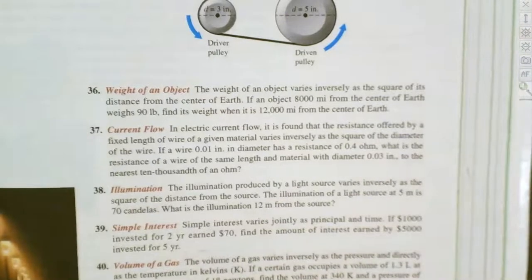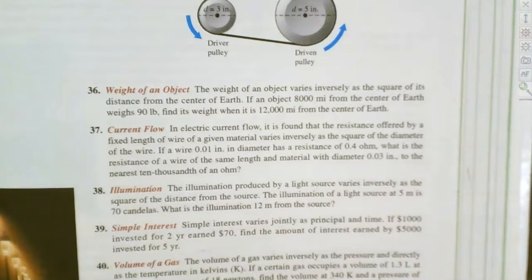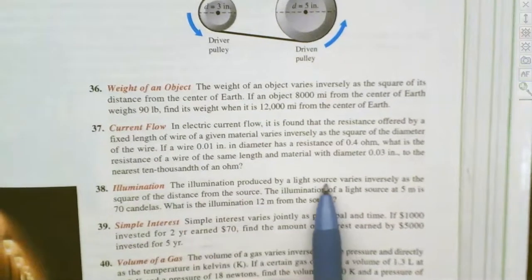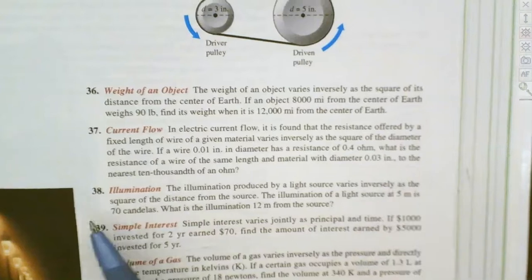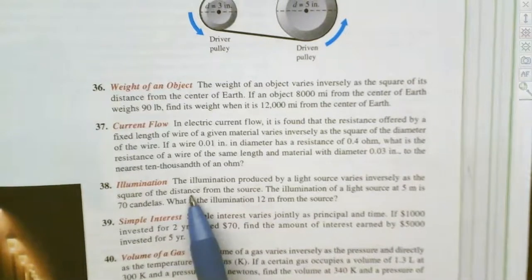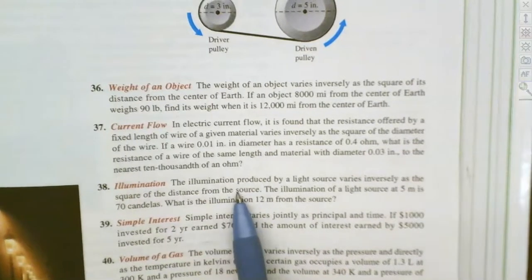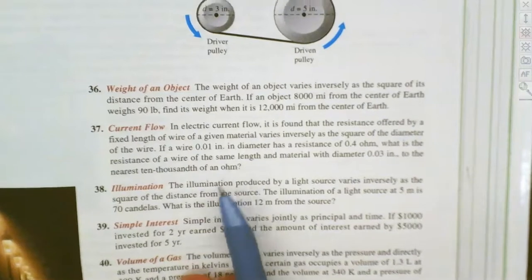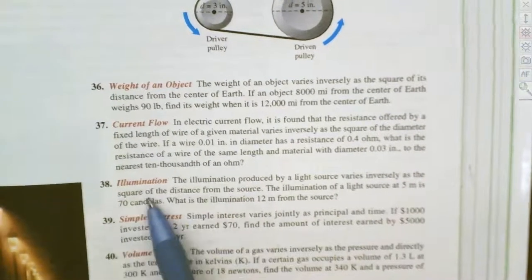So what happens as I move further away from a light source? It's less bright, right? So the further away you go, the brightness goes what? Down. That's why it's an inverse variation. Further you are away, brightness goes down. The illumination produced by a light source varies inversely as the square of the distance from the source. So it's very, very similar to the last one. Inversely as the square. So what do we have? We have our illumination.